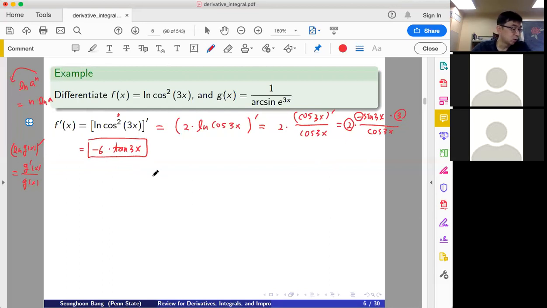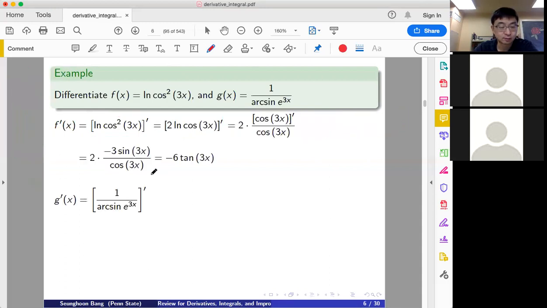So next one. What's g prime of x here? g prime of x is 1 over arc sine of e to the 3x, prime. What's the idea? We have 2 possibilities: we can use the quotient rule or the power rule. Either one is fine.